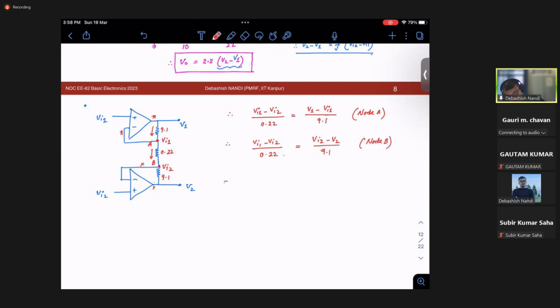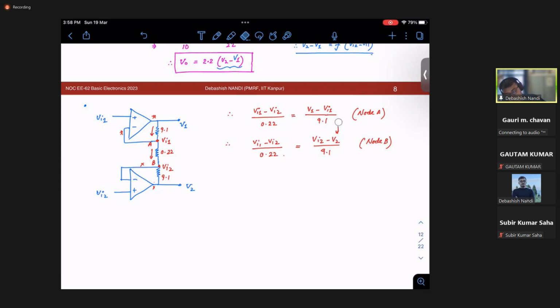So (V1 minus Vi1) over 9.1, and this you will find out to be, okay, you want to find out the difference of Vi1 minus Vi2. So why don't I just add these two?